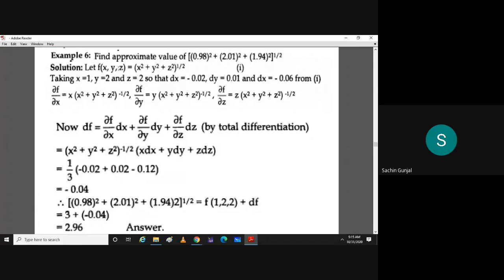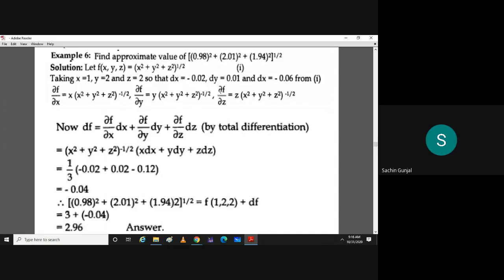Now, del f by del x is 1 upon 2 root of (x square plus y square plus z square) into 2x. So that 2 gets cancelled. So del f by del x is x into (x square plus y square plus z square) raised to minus half. Similarly, del f by del y is y into (x square plus y square plus z square) raised to minus half.